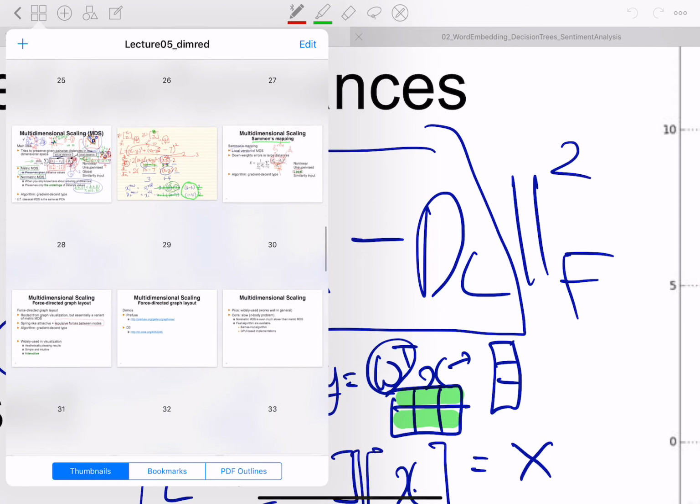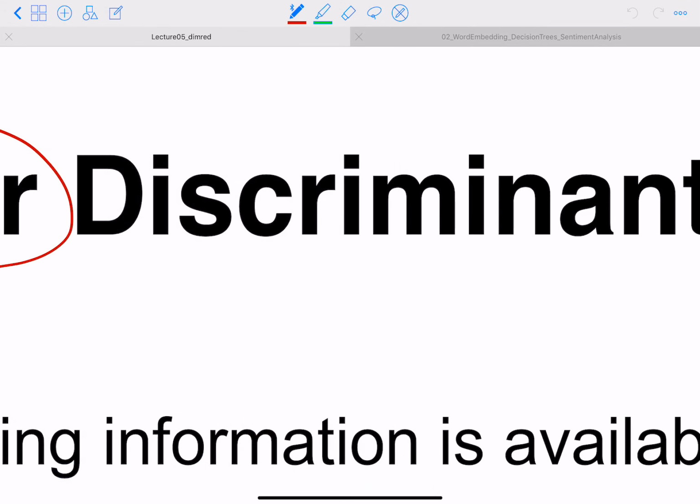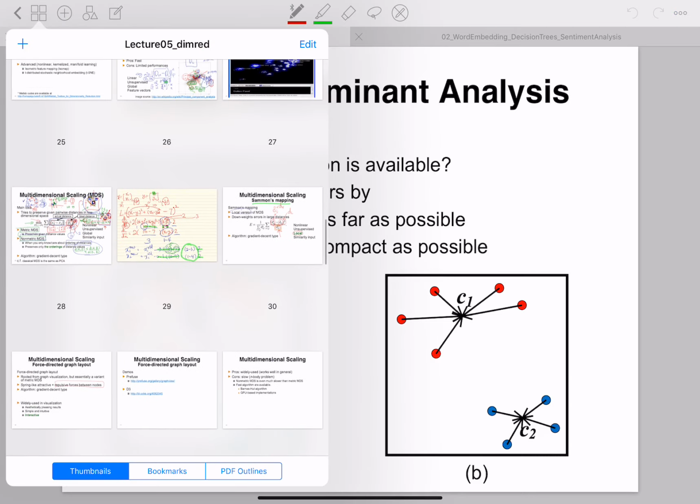So that was our criterion. But linear discriminant analysis has a completely different objective function: it tries to maximize the separability between the classes. Okay, so it falls into the supervised dimension reduction methods.